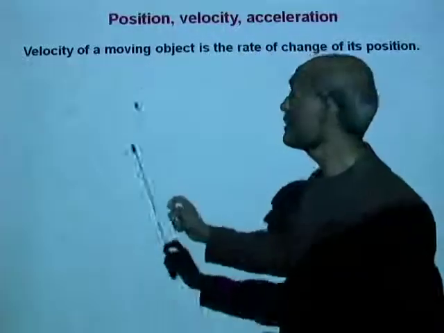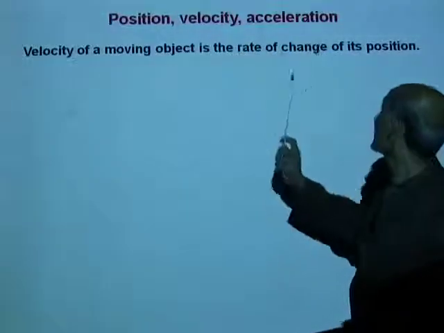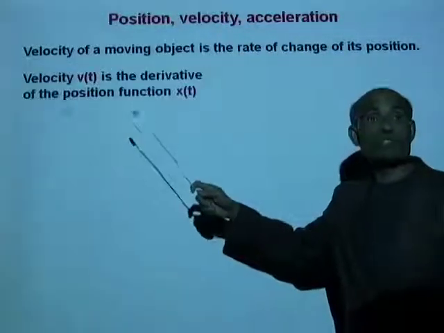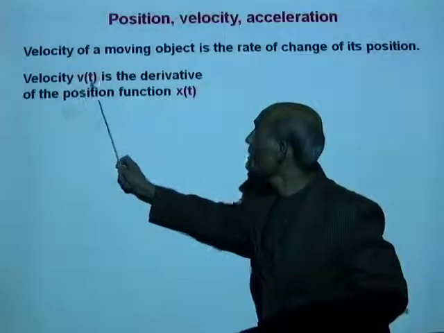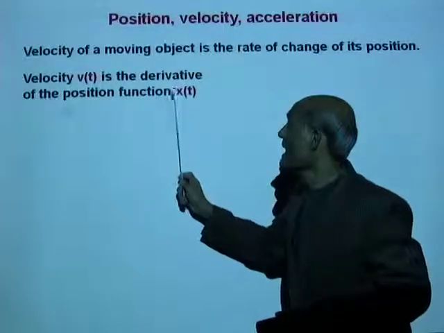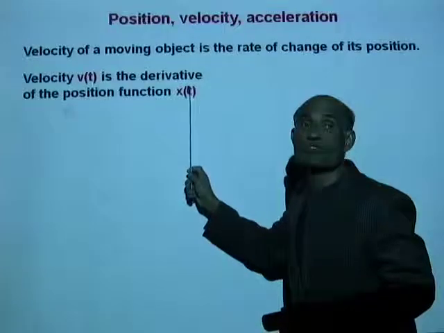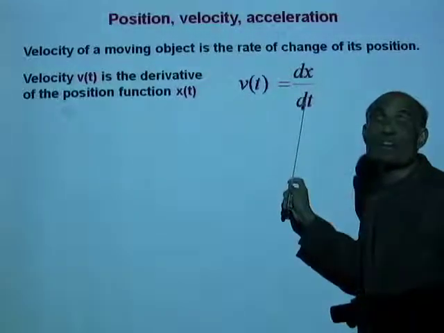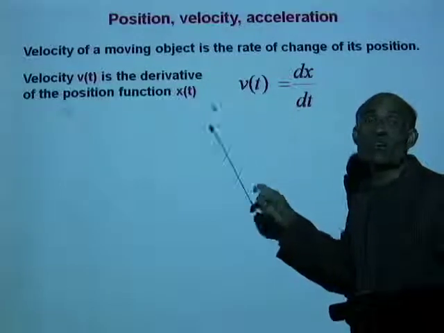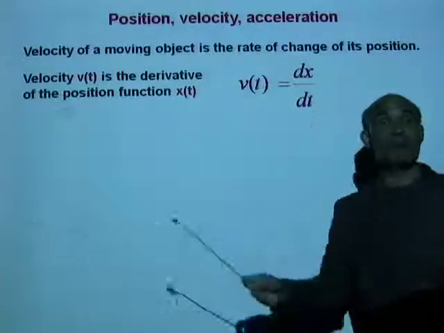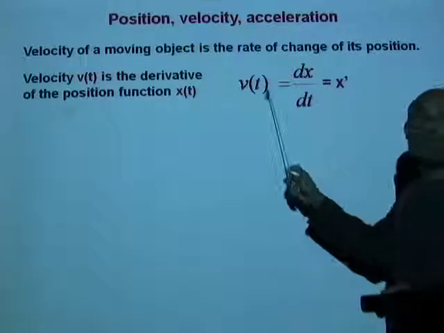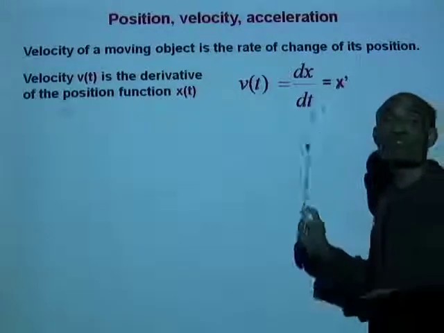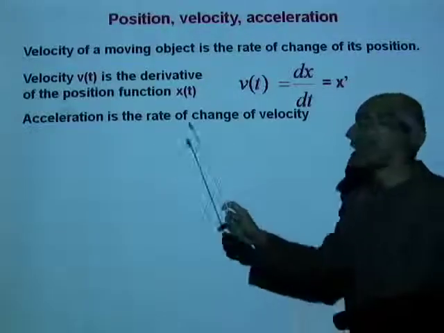So, velocity of a moving object is the rate of change of its position. If v of t is the velocity and x of t is the position function, then we say v of t equal to dx over dt, or x prime of t. That's right. Velocity is the derivative of the position function.